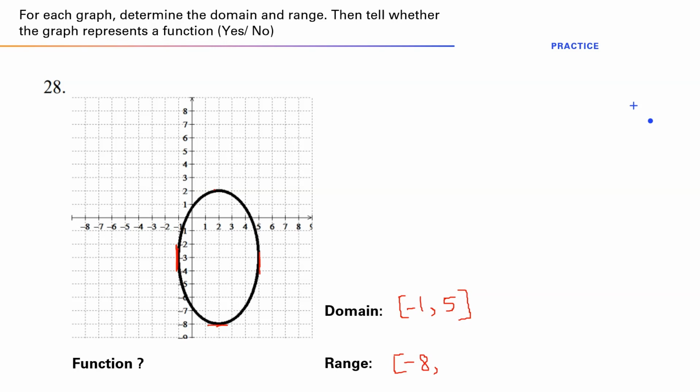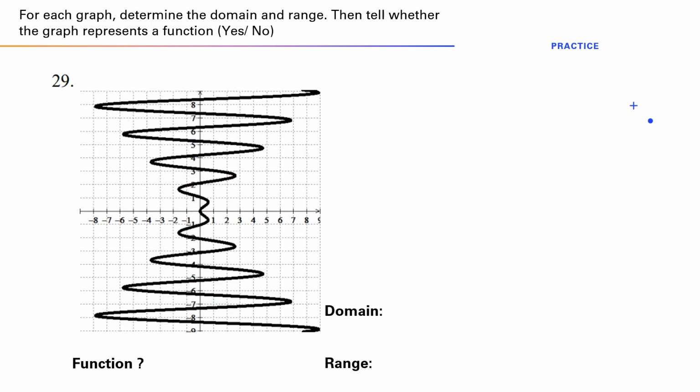Then up, +2, included. And bracket, right? So now we draw the vertical line. It crosses twice, so no. It does not represent a function.